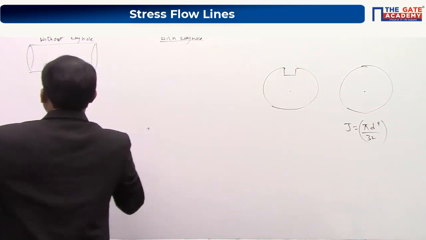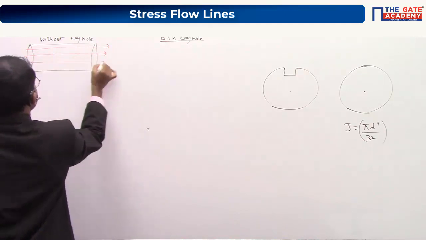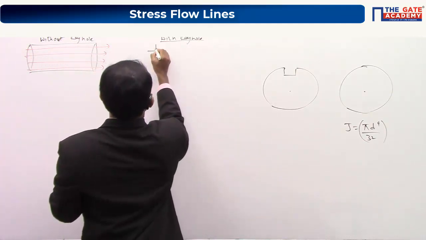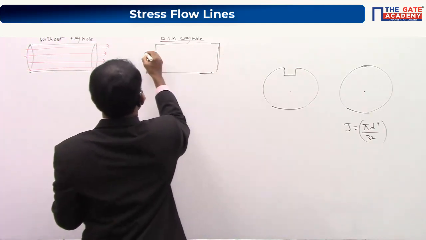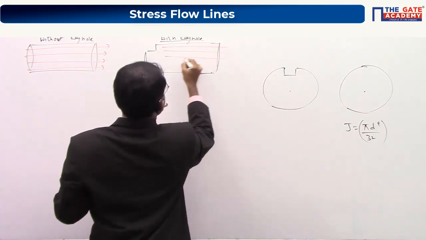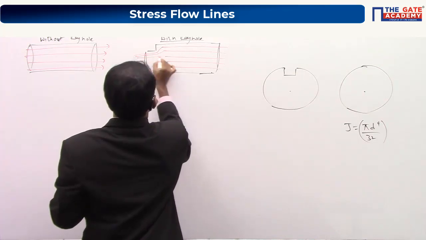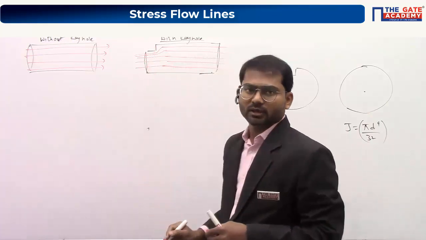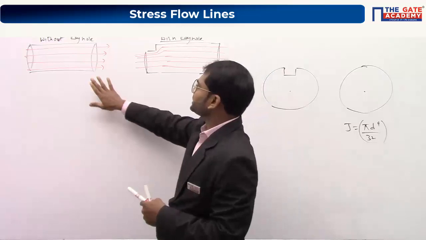I'm taking the tensile case here. Tensile stress flow lines will be like this. If it has a keyhole, the stress flow lines will be like this. Here they come near to each other, so in this region, stress will be higher. Understand? This is the tensile loading case.